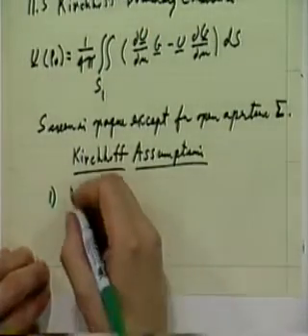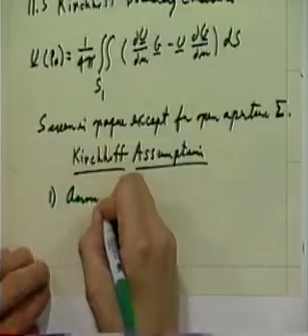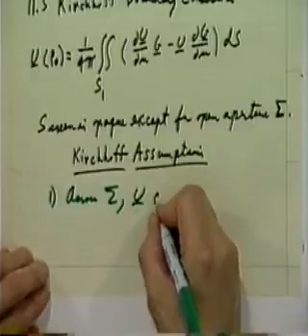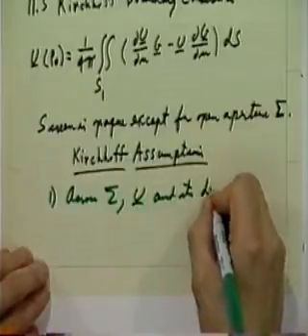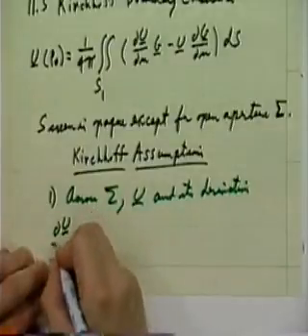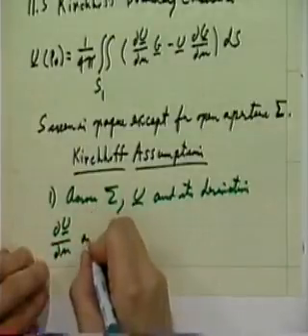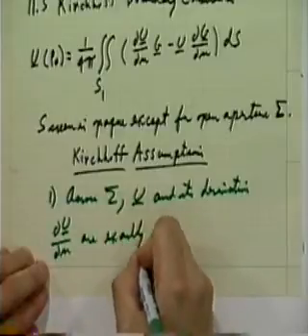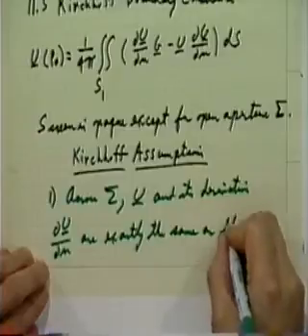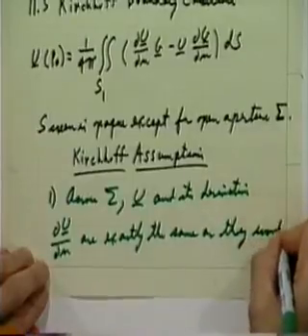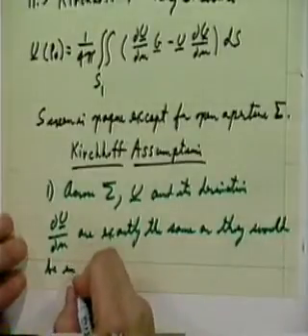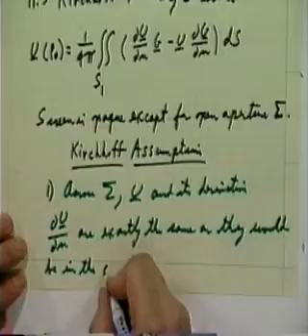Okay. So the first assumption here: across sigma, u and its derivative, partial of u with respect to n, are exactly the same as they would be in the absence of the screen.